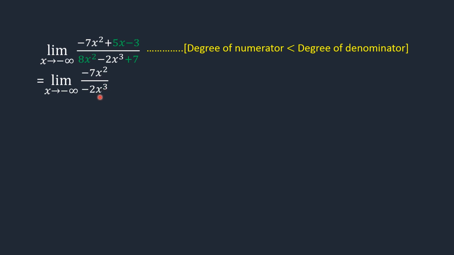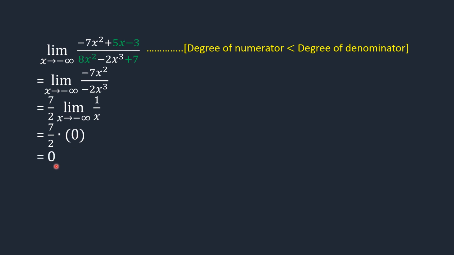So in the next step we will write 7 divided by 2 times the limit of 1 over x as x approaches negative infinity. Now we have already learned that this limit is 0. So in the next step we will write 7 over 2 multiplied by 0, which will be 0.